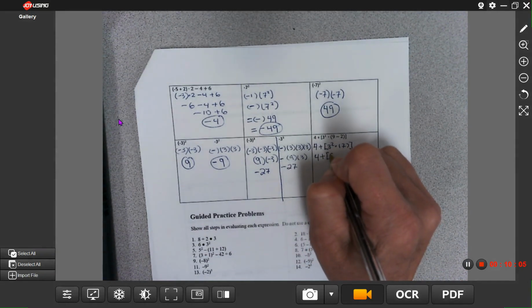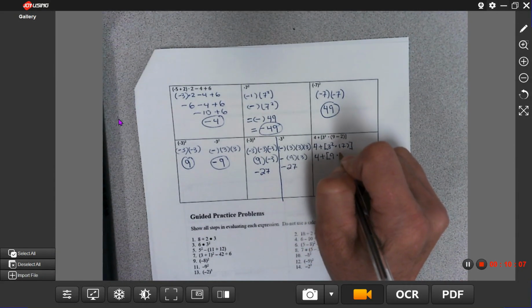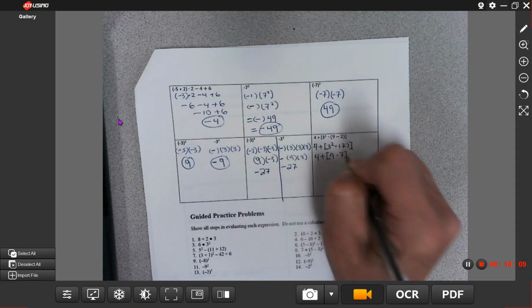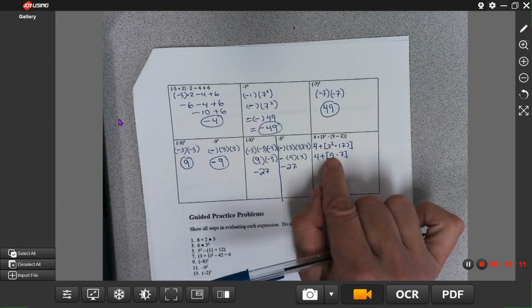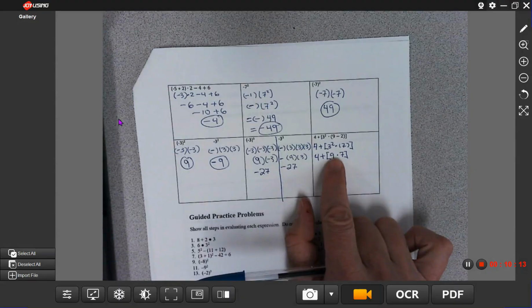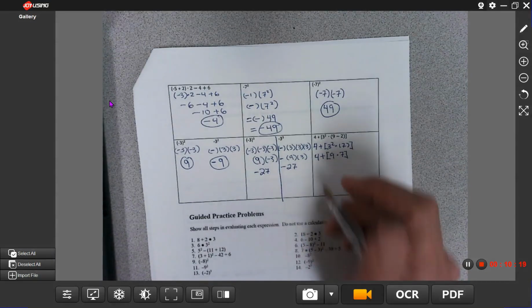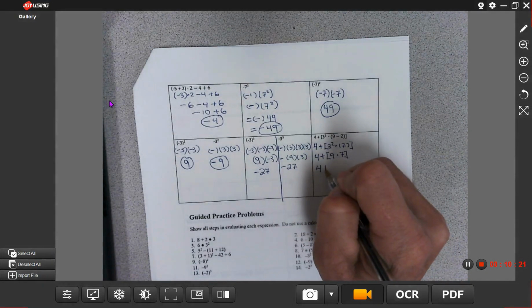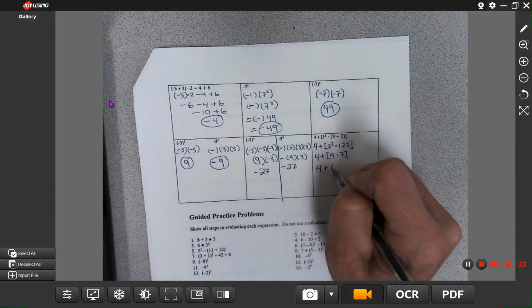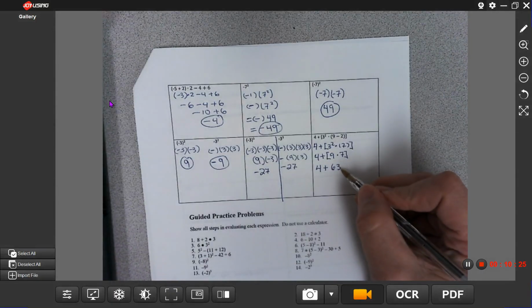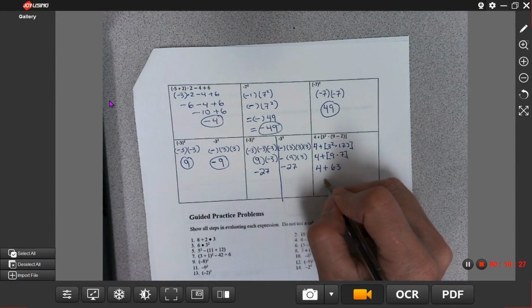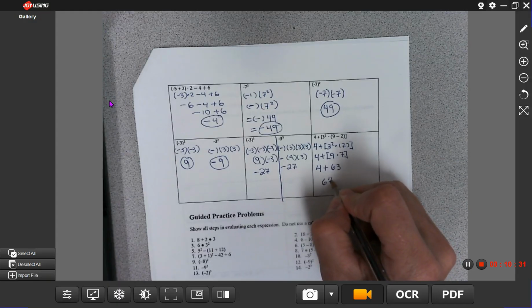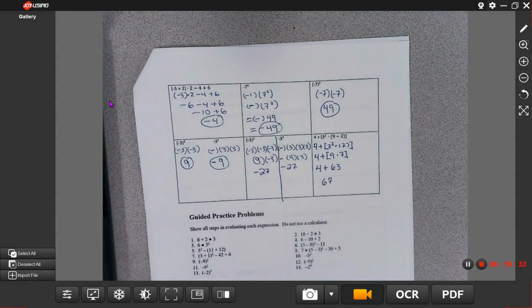So again, keeping careful track that I keep all of the other operations and the order the same. 3 squared is 9. Now I have to work within the brackets, but within the brackets there's only one operation, so obviously I have to do it. So 9 times 7 is 63. I don't need the brackets anymore because I just have a number. So now we only have one operation left, so I'm just going to add, so we get 67.